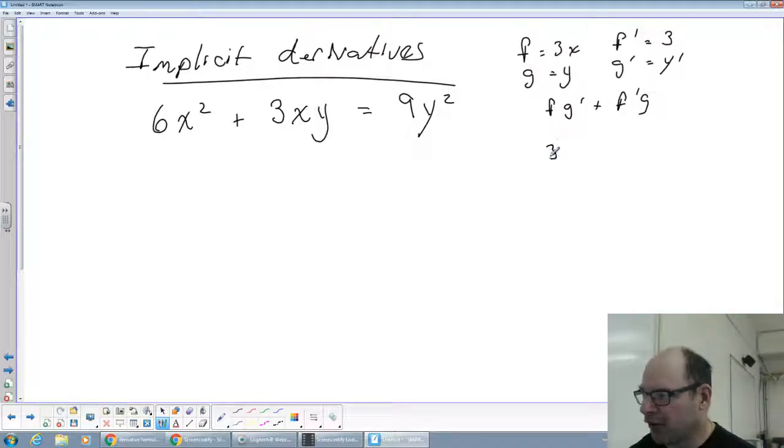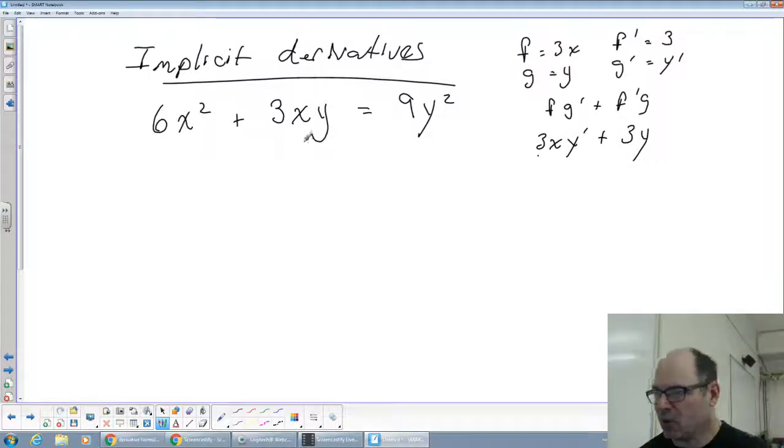So f would be 3x times y prime. Well, let's just write it out without brackets, so it's not as messy. So we'd have f, and then g prime is y prime, plus f prime, 3, and g. So that's what goes when we take the derivative of this.